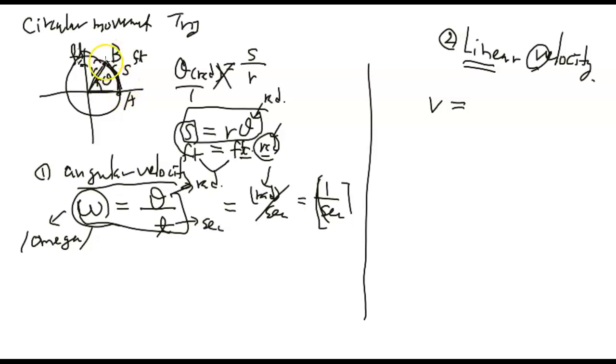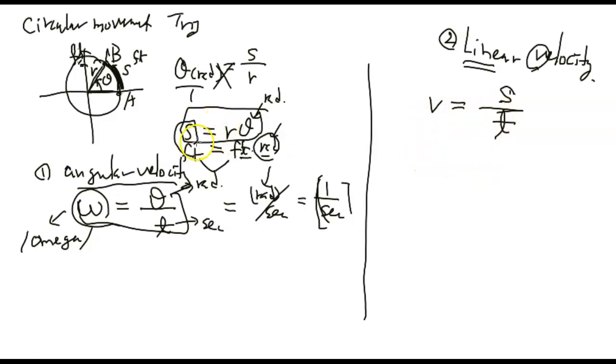If you cut at point B and spread it out, the curve becomes a straight line. The actual physical length from A to B, the arc length, is S, the subtended arc. That distance from A to B divided by the time is the linear velocity.